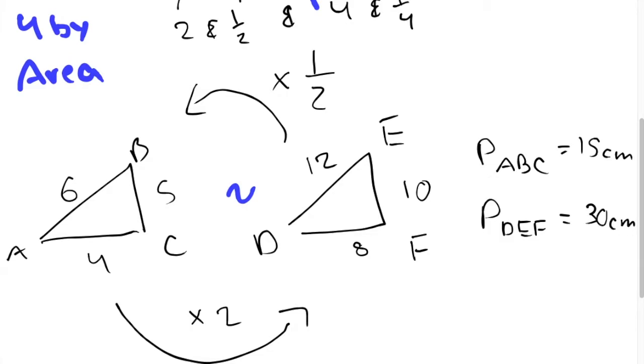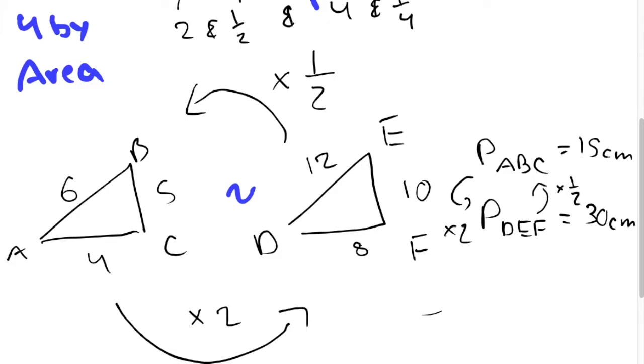So now that we know the relationship between both the perimeters, we know that the perimeter is also related by the scale ratio. The perimeter of triangle ABC to DEF is times 2, and the same thing backwards is times 1/2. So you basically multiply by the scale factor itself to find the perimeter of the other triangle.